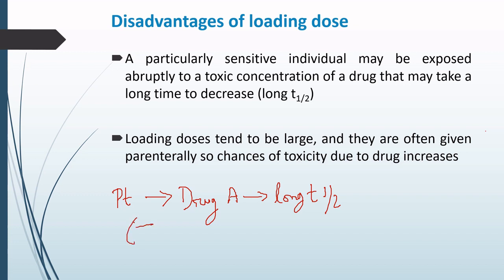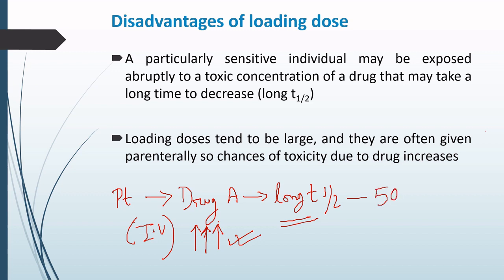Since we are giving this drug by IV route, the concentration of drug within the plasma will be very high, right? And so there will be two problems. The first problem is that the plasma concentration of the drug is very high. The second problem is that since the drug has a long T-half, now T-half is the time in which the drug reduces to 50% of its initial volume.